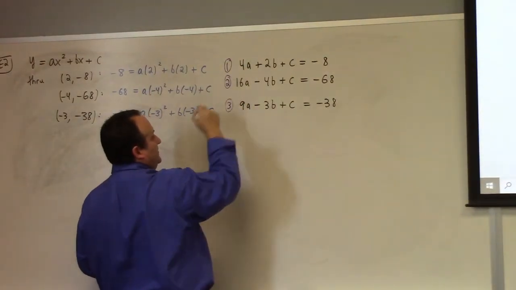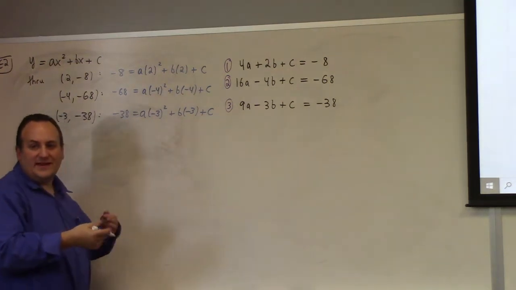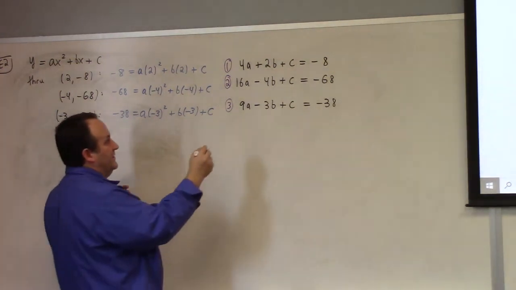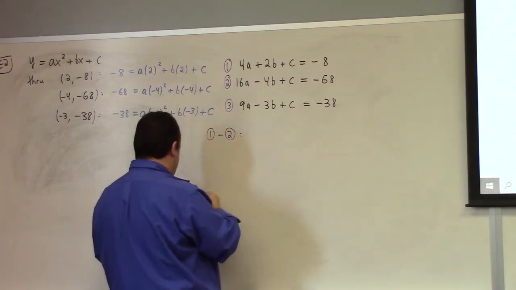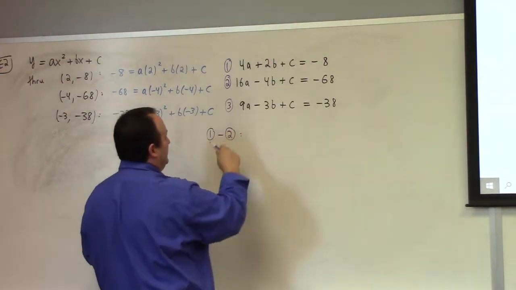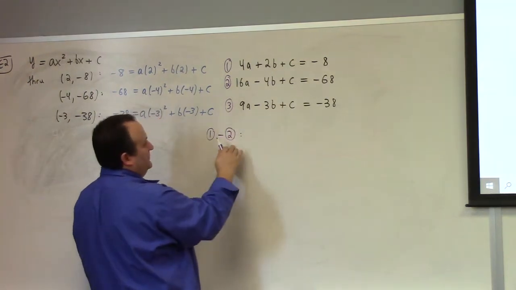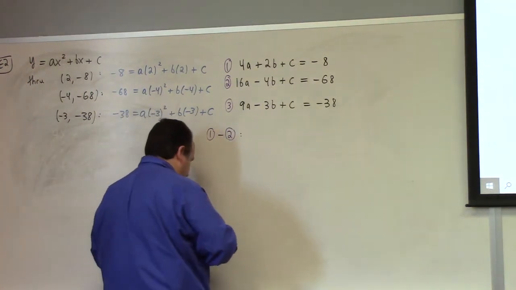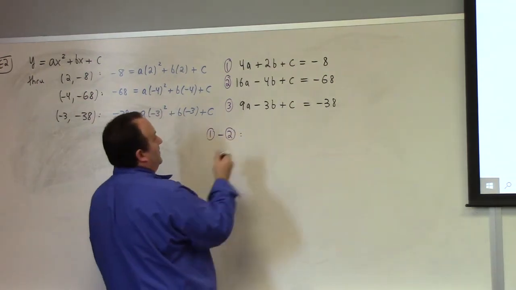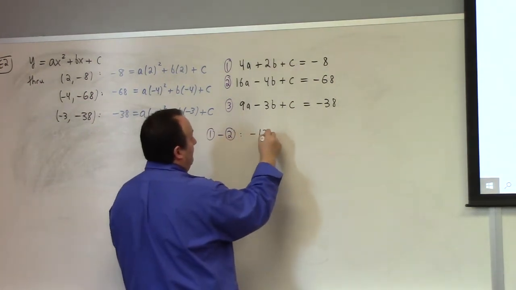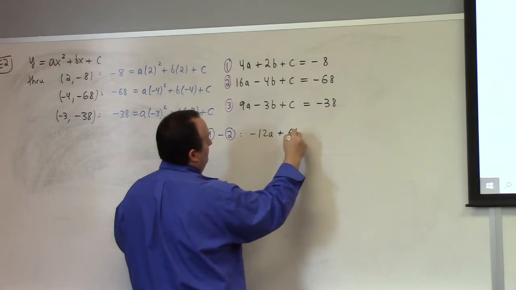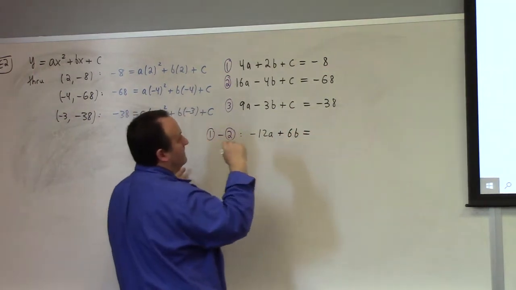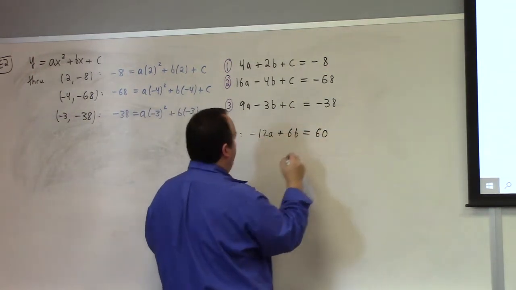And so what I'm going to do is eliminate c from equations 1 and 2. So if I do equation 1 minus equation 2, that gives me what? Oh, whatever, I did 1 minus 2. So 4 minus 16 is minus 12a. 2 minus minus 4 is plus 6b equals 60, right?